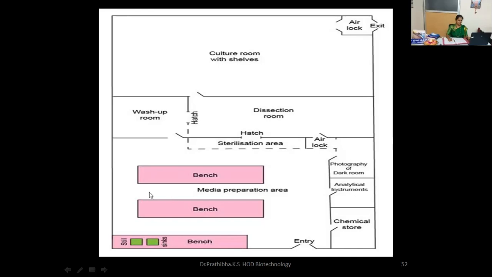In this general laboratory, there must be a proper storage area to store all the chemicals and washed glasswares. The washing area, storage area, and media preparation room will all be in this general laboratory.